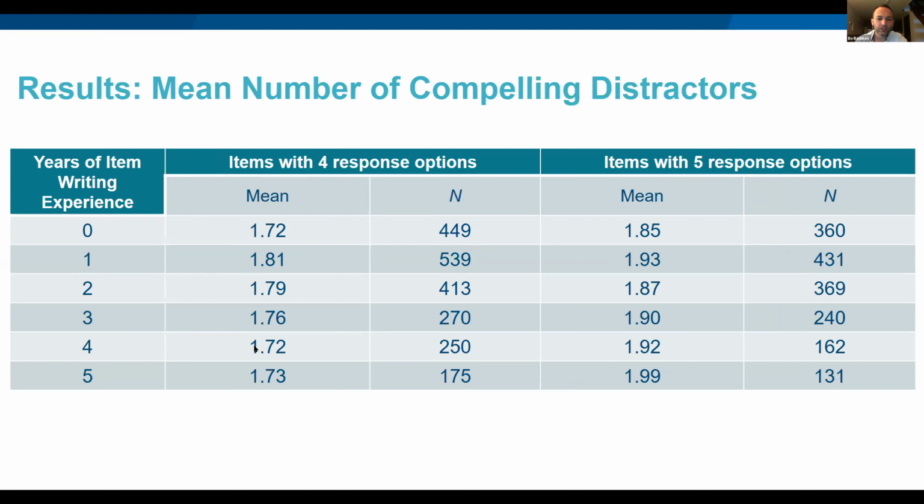But as you can see, there's not systematic differences in the mean number of compelling distractors across years of item writing experience. So everything I've presented so far indicates that additional years of item writing experience are not making a meaningful difference as far as the 4 indicators of item quality we considered.